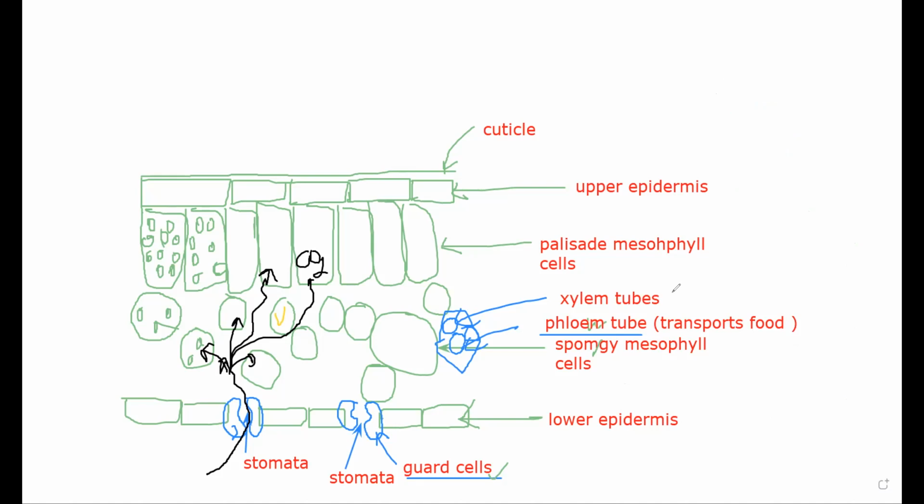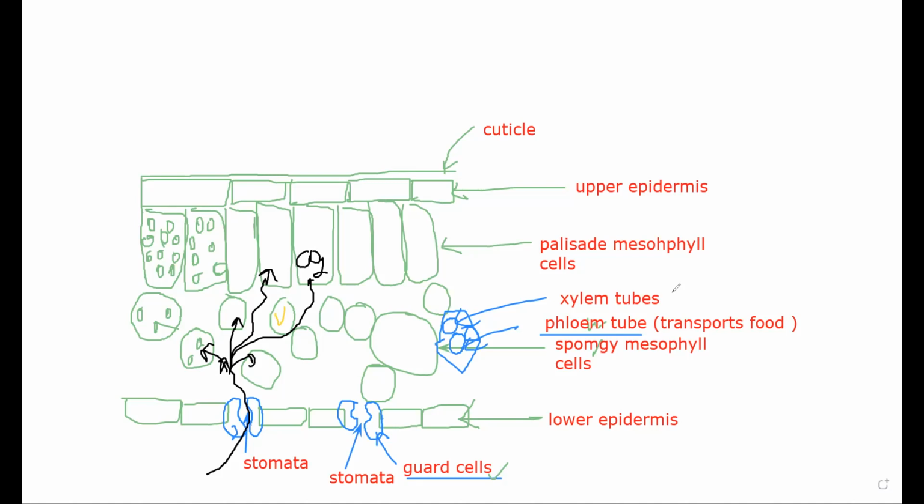Okay, we call it phloem tubes. Next, what are the tiny holes in the leaves called where gas exchange takes place? Stomata. Good. And what are the cells which open and close the stomata called? Guard cells. Very good.